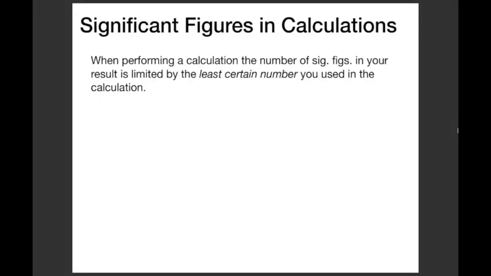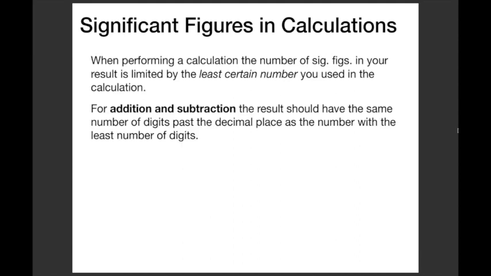The physical basis for this rule is that you can never be more certain than you are in your least certain measurement. We will find that addition and subtraction have different rules than multiplication or division. For addition and subtraction, the result should have the same number of digits past the decimal place as the number with the least number of digits past the decimal place.